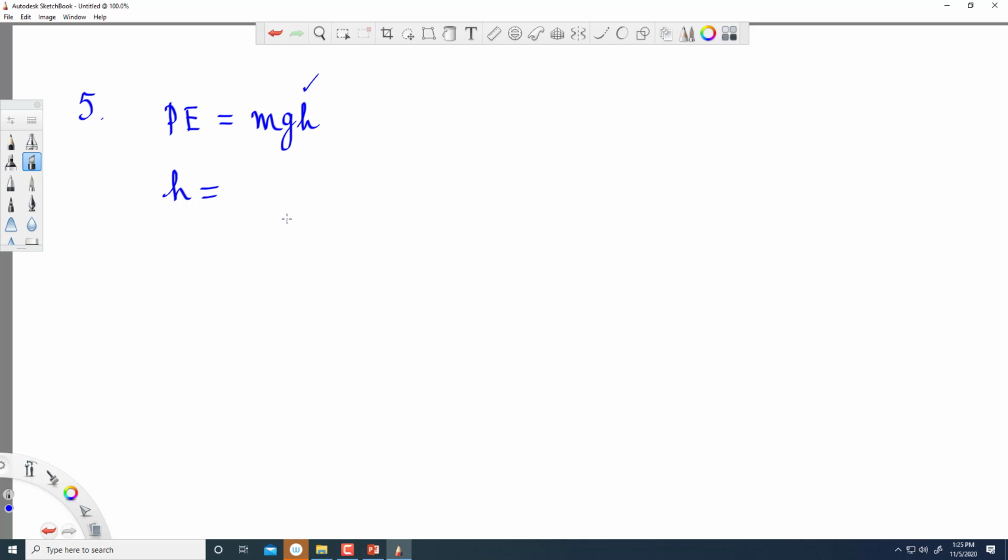What I'm saying is I just want to rearrange this formula and write it in terms of h. Just rearrange this formula. Yeah, PE over mg. That's right. So potential energy is given, it is 40 joules.